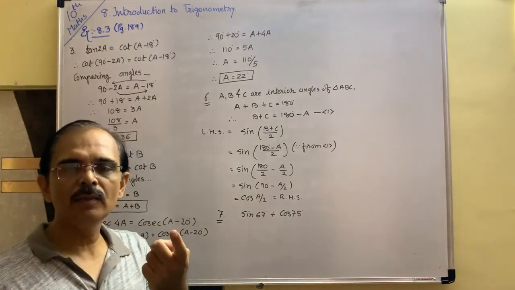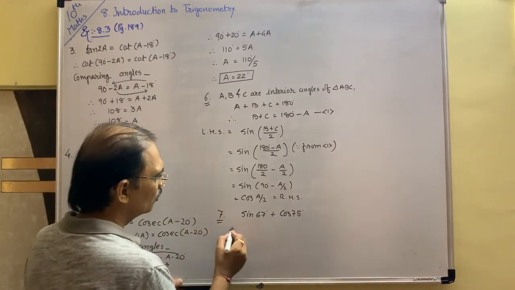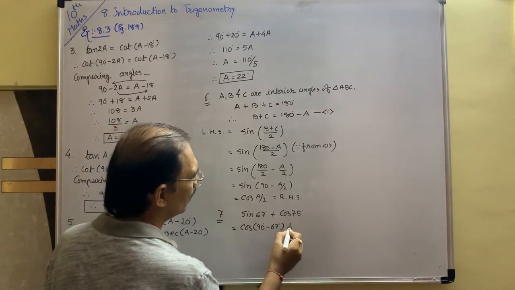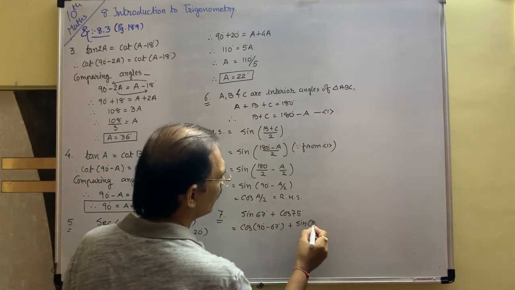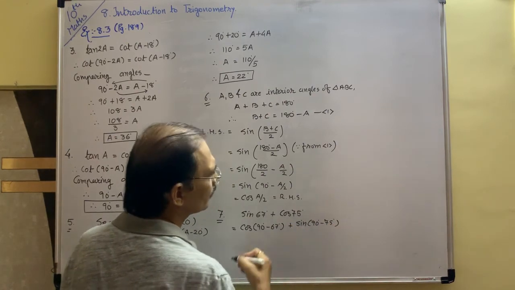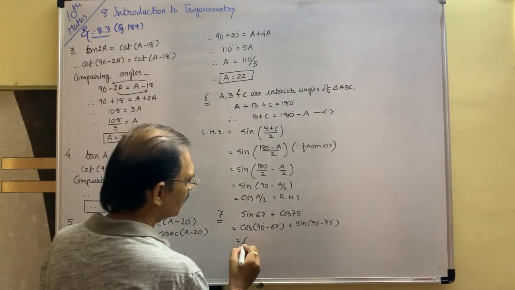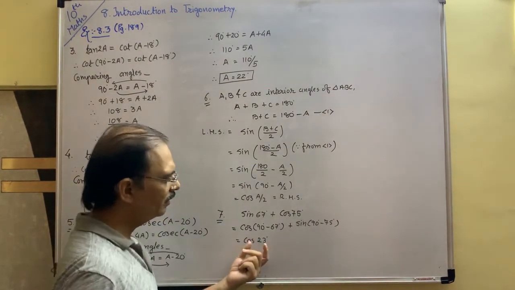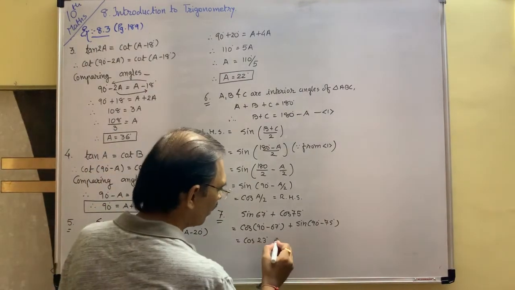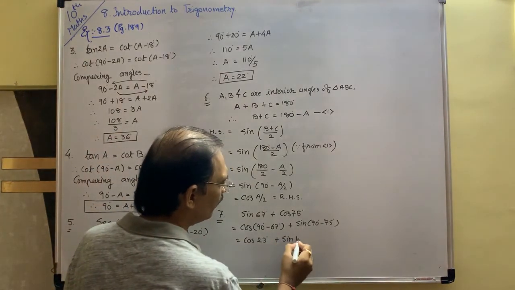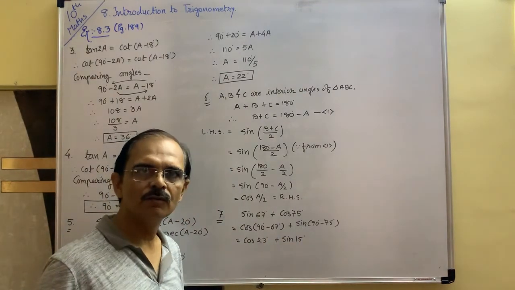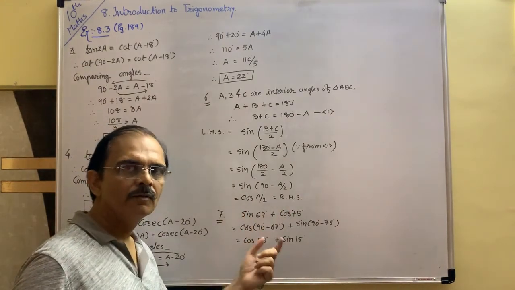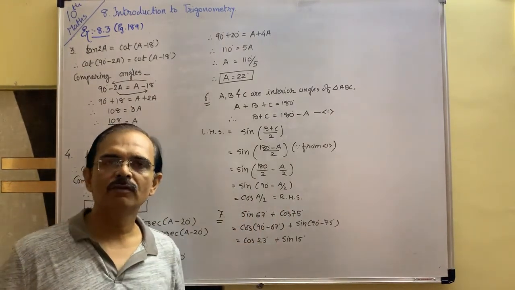You know only one method, that of complementary angles. So sin theta, I can write cos(90 minus theta), plus cos theta, I can write sin(90 minus theta). 90 minus 67 will be 23, so this is between 0 and 45. Plus 90 minus 75 is 15 degrees. This is also between 0 and 45. So in this way we can convert this term into terms between 0 and 45 degrees.